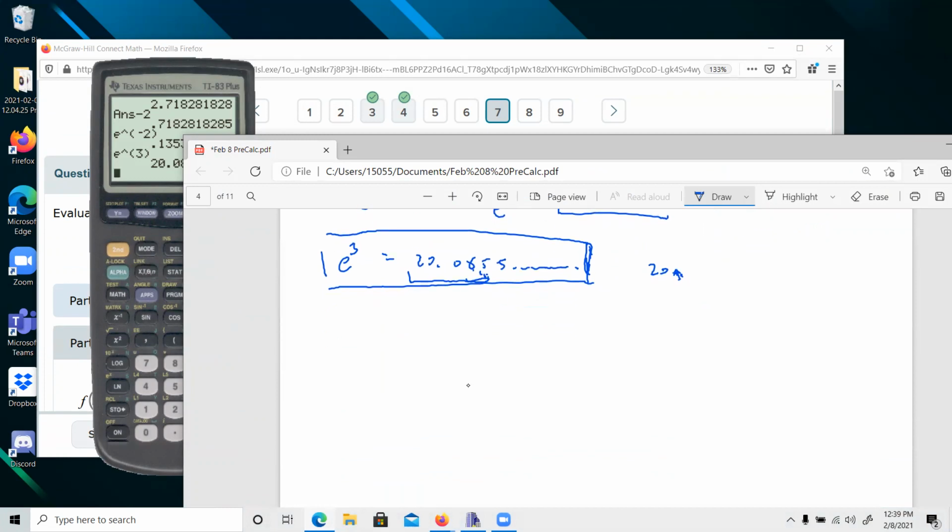But yeah, that's e. It's just a number. e is similar to pi, where I want to put an equal sign there. It's close to 3. It's a little bit less. Pi is a little bit more, but don't let this number scare you. We just don't have a good symbol for it, so we used e. Same thing with pi.